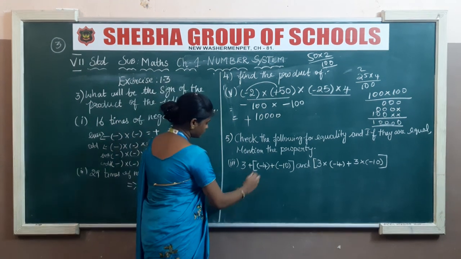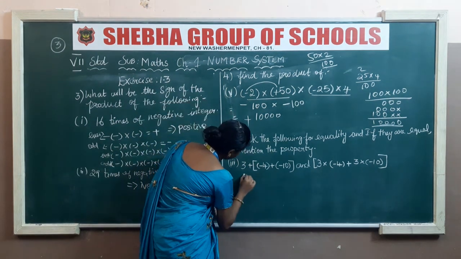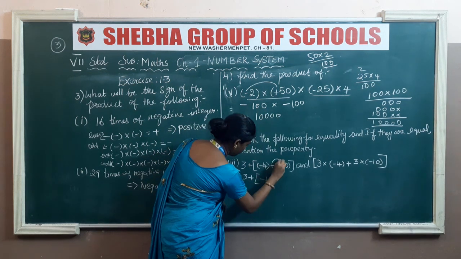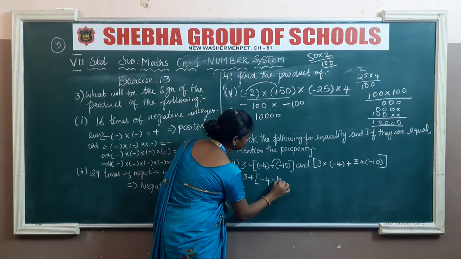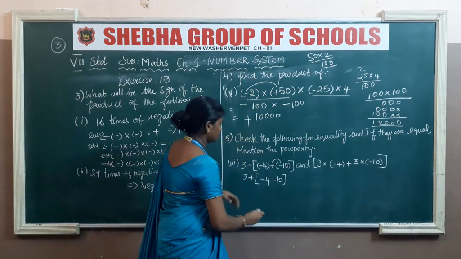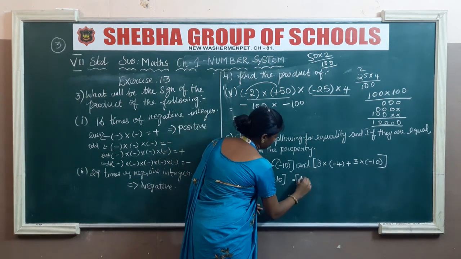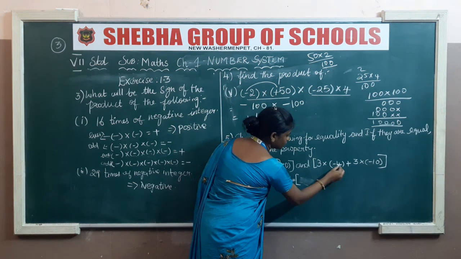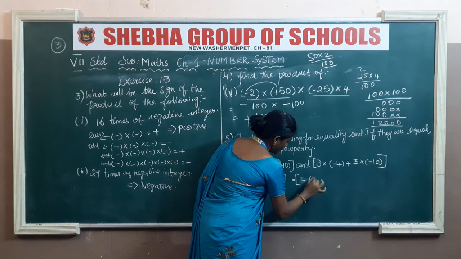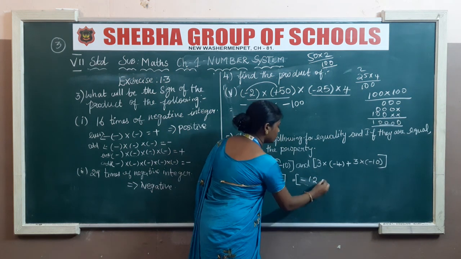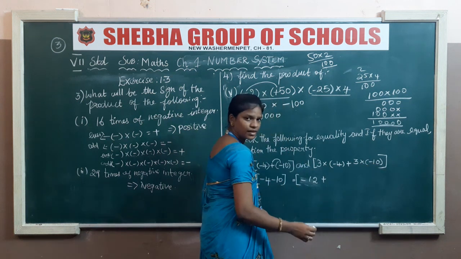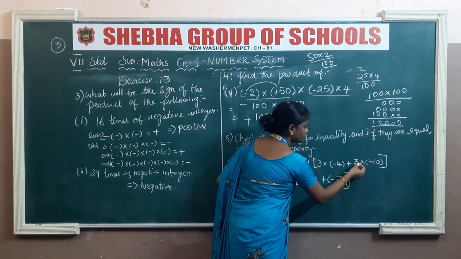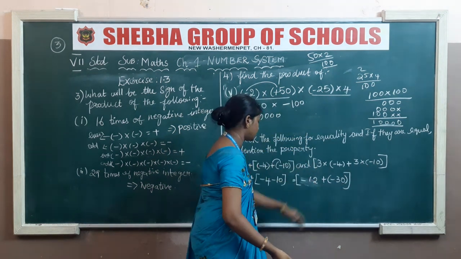First we have to prove this side: 3 into minus 4 plus minus 10. Minus into plus is obviously minus. Then 3 into minus 4 is minus 12, plus 3 into minus 10 is minus 30.